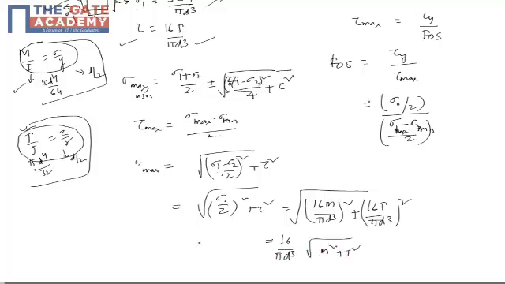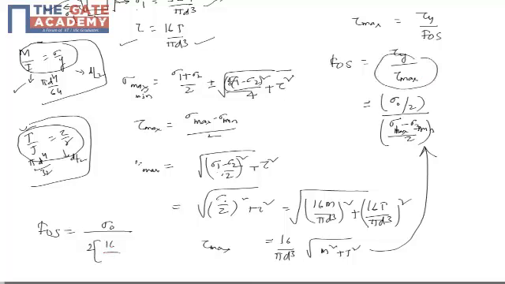This is my tau max. If I substitute that and come back here, my factor of safety will be sigma naught by 2 at the top, and this tau max, which is 16 by pi d cube root M square plus T square.